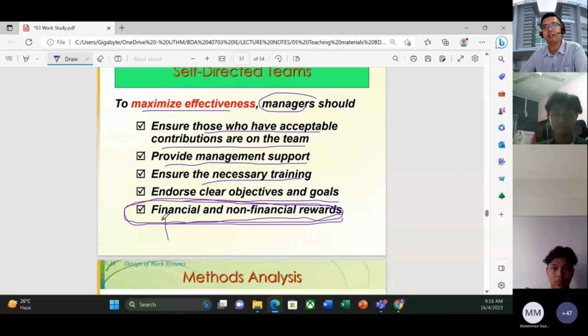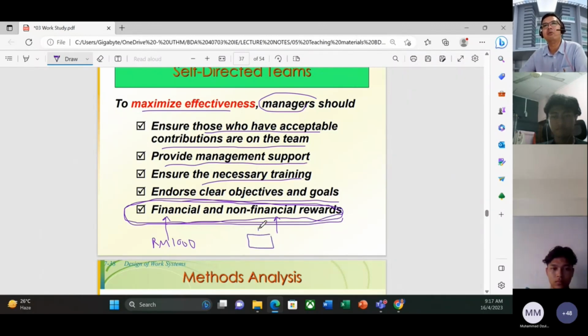Financial is given in ringgit. For example, the best employee for 2023 is given to Ali, with an award of 1,000 ringgit as a bonus. For non-financial rewards, we give you a certificate of appreciation.